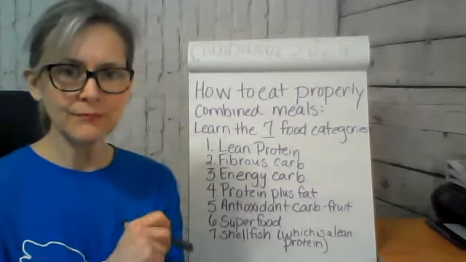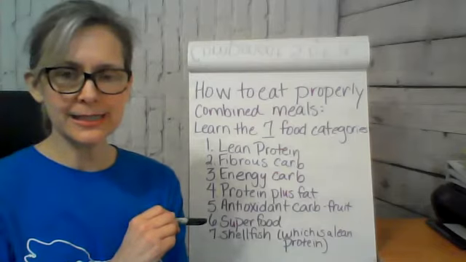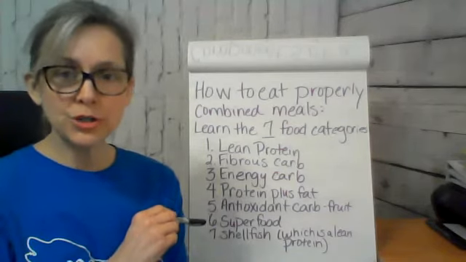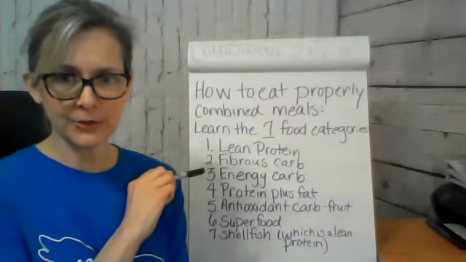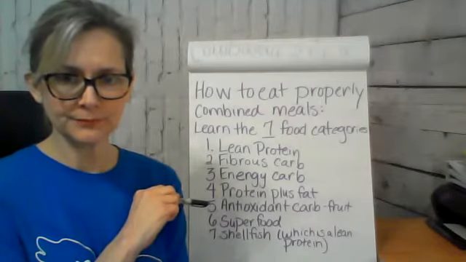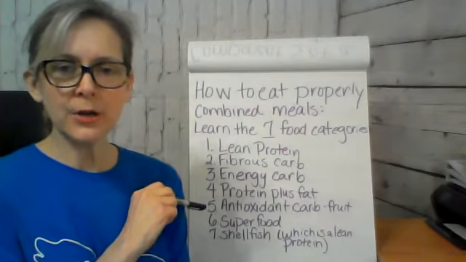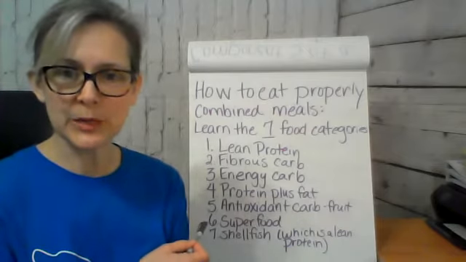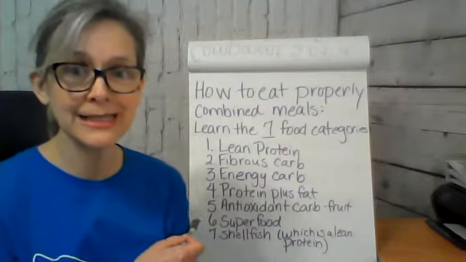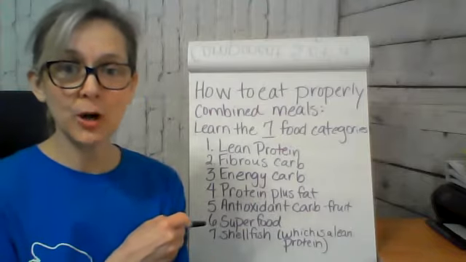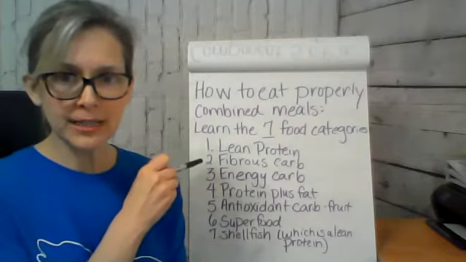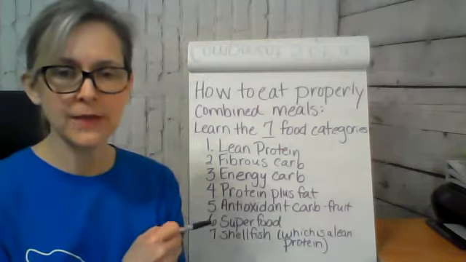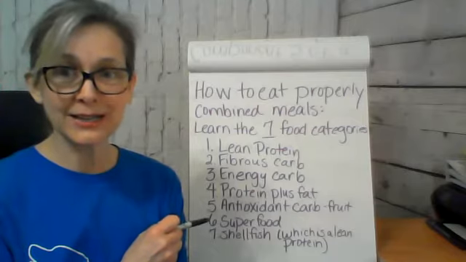So let's look at this category 6 superfood. What you don't want to eat this category 6 superfood with is a 3, 4, or 5. And the reason you don't do that is, remember how I said this superfood has all the macronutrients in it? Well, because it's got more carbs in it and it's got more fat in it than your protein and your fibrous carb and your shellfish and stuff, you have to just treat it a little bit differently.